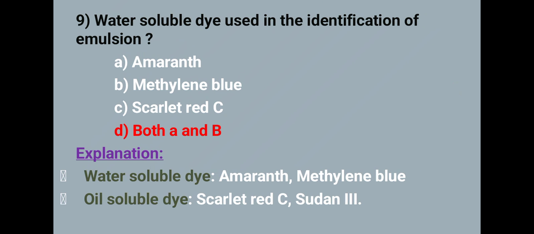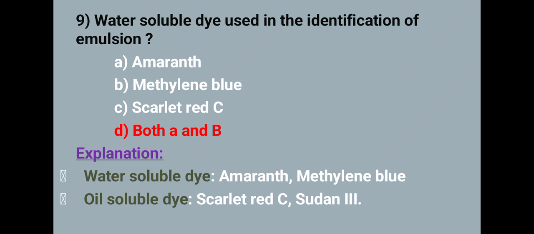Now coming to a 9th question. So water soluble dye used in the identification of emulsion. Option A, amaranth, option B, methylene blue, option C, scarlet red sea dye, and option D, both A and B. And the correct answer is option D, both A and B. We can see explanation.